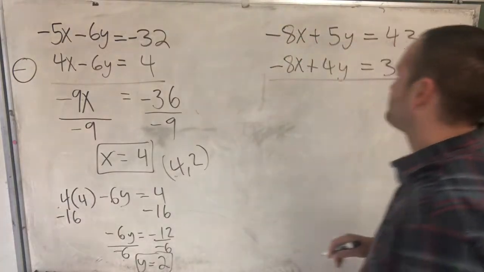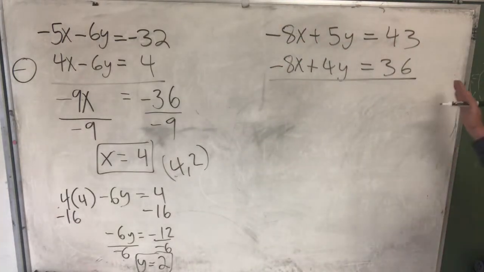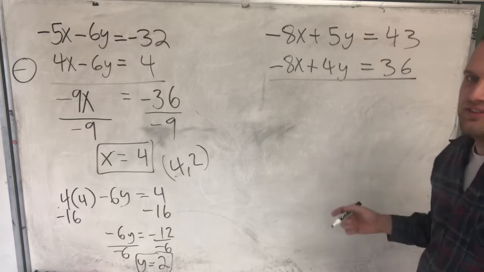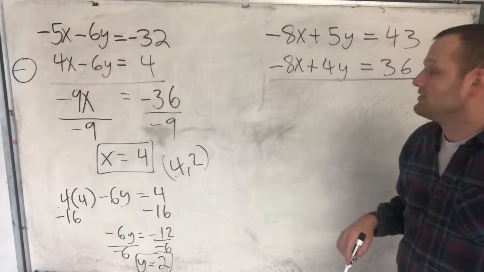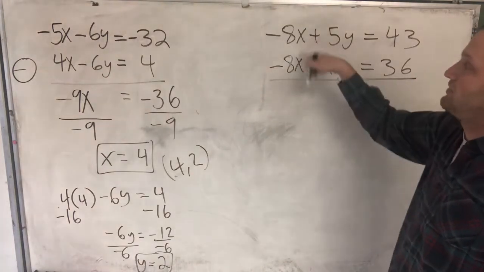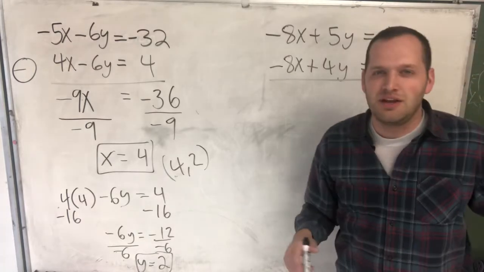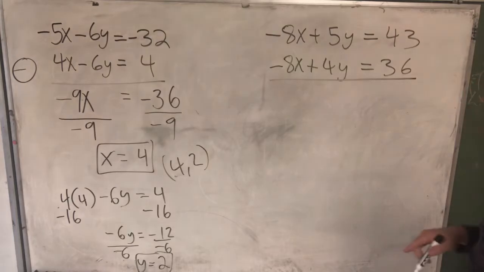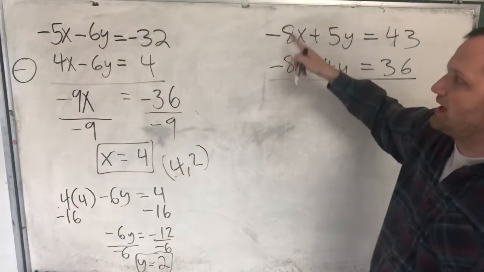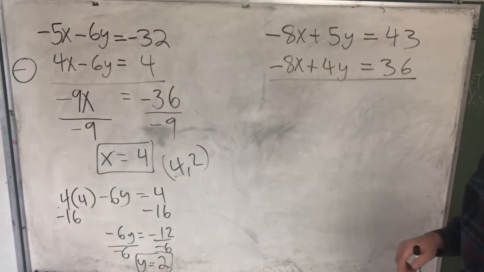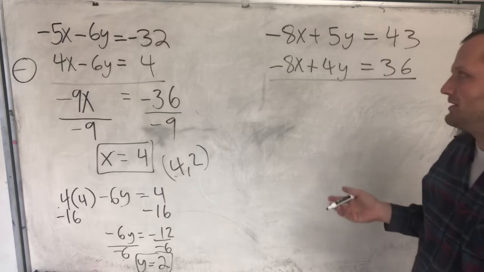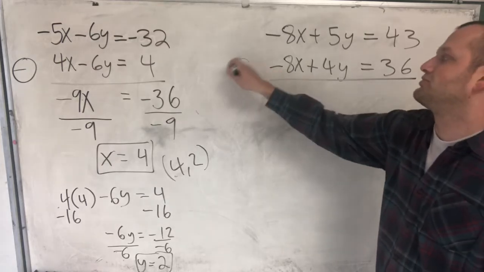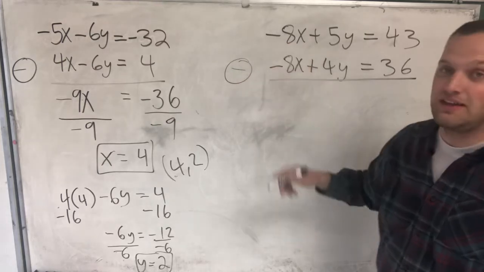Let's try another one. Here we go. Am I going to eliminate my x's or my y's? Well, looks like the x's are the same, so I'm going to try to eliminate the x's. Do I need to add these two equations together, or do I need to subtract them? They're the same. If they're the same and we add them together, that's not going to get me to 0. But if I subtract negative 8 minus negative 8, that would be 0.